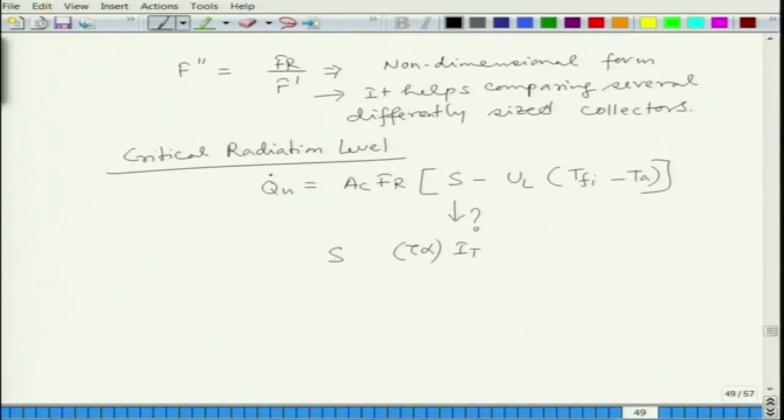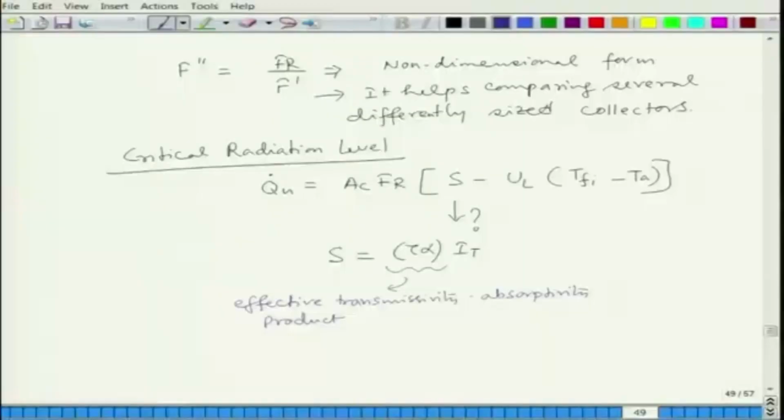So, this is nothing but S, and here this thing is the effective transmissivity absorptivity product, and here we are not distinguishing between the beam part and the diffuse part.